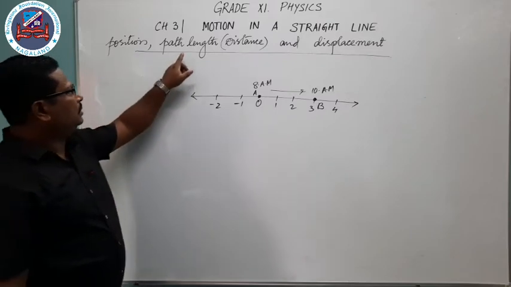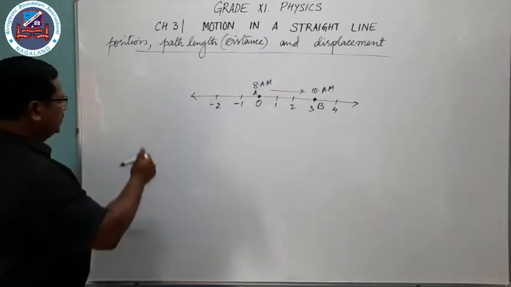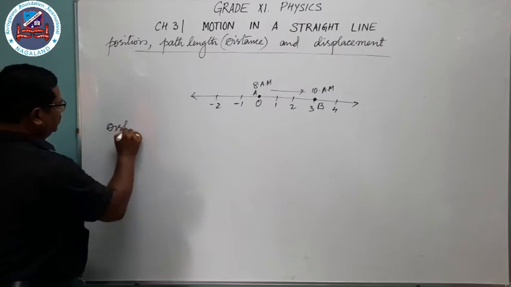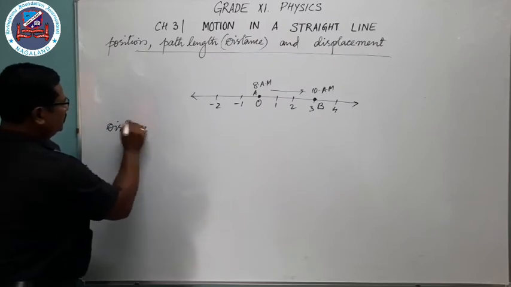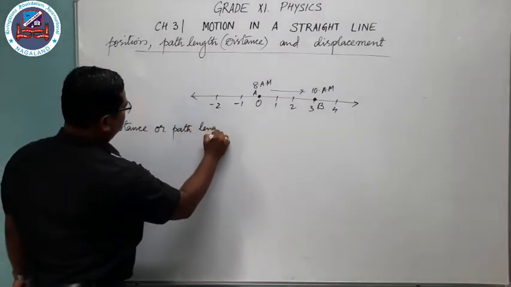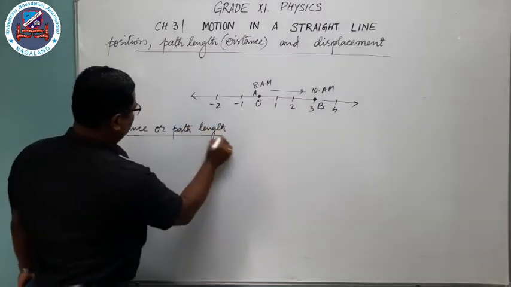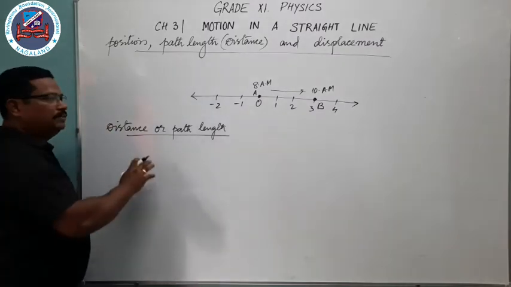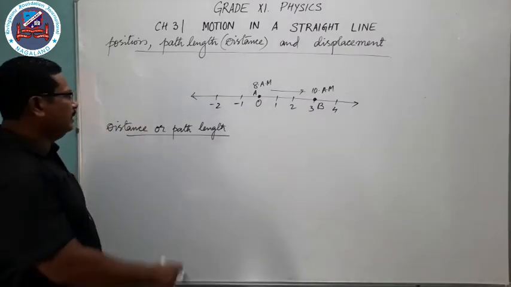Now when you talk about path length, or we call it distance, or path length, the exact path traveled by the body, that we call the path length.